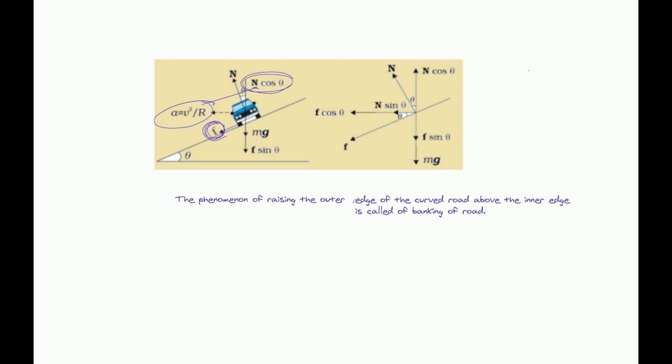So now, are you there? Yes, ma'am. So if you observe here, let me just erase all those things. We'll first see the way the diagram has been drawn. Hope you can see this is the inner track. The track is like this. So the outer edge has been slightly leveled up when compared to the inner edge.